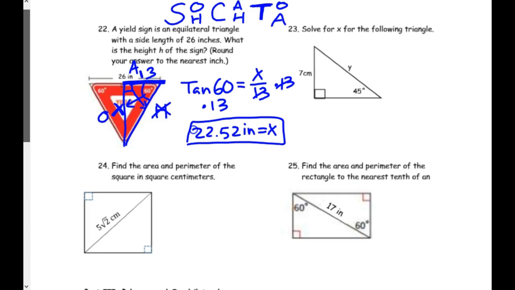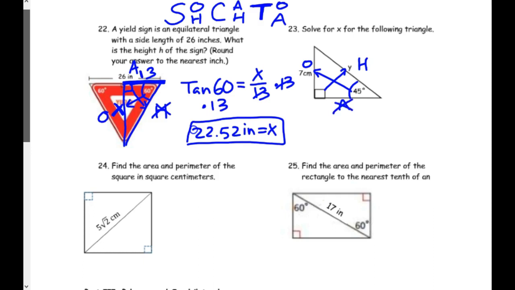Okay, let's do it again. On number 23, where's my angle? And now I'm going to label O, H, and A. O, H, A. Which one am I not going to use? O has a 7, H has a y, A is nothing.